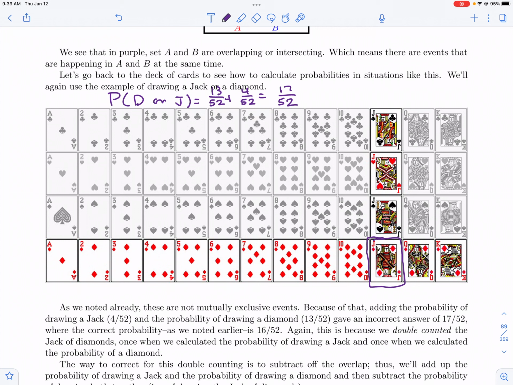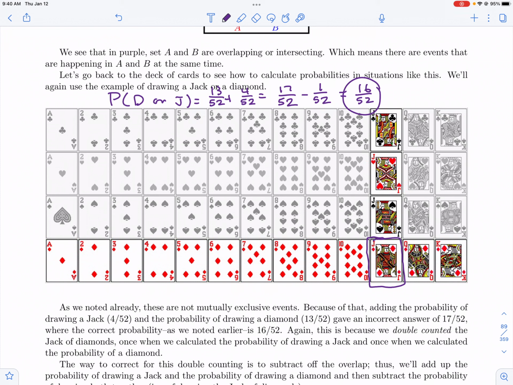What we have to do is get rid of one of these jacks of diamonds that we counted above. So we want to subtract out that overlap, the thing that they have in common. Since for this one we just have that single card, we subtract 1 out of 52. And so in reality, the probability of getting a diamond or a jack is actually 16 out of 52.